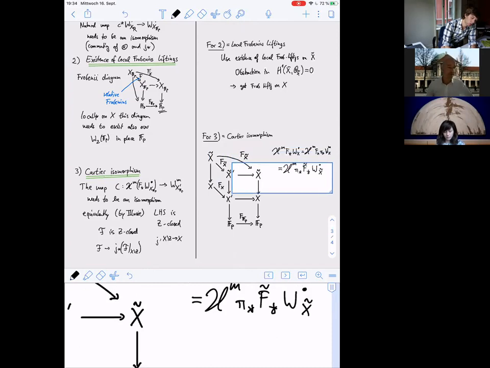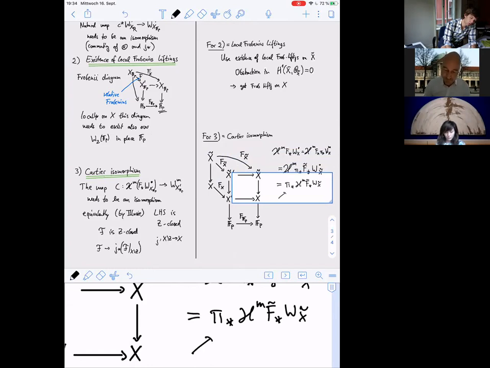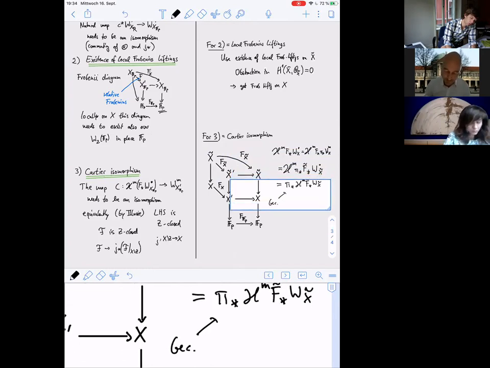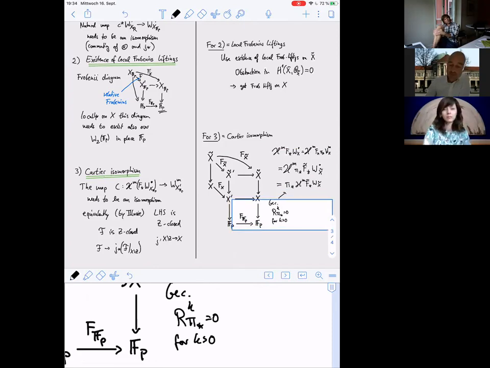Now, the next step is I want to commute the push forward with taking cohomology. Why does that work? I claim that's the same as commuting with taking cohomology, and that was true because the higher derived images of the push forward are vanishing for k greater than 0. Again, a similar argument as we have used before.